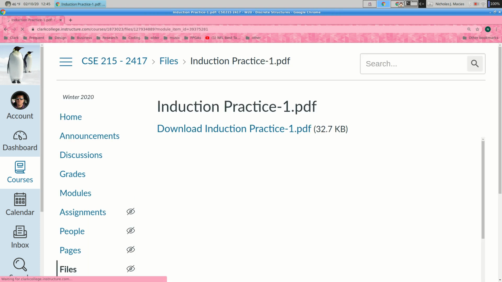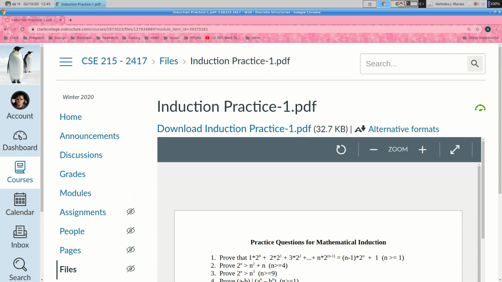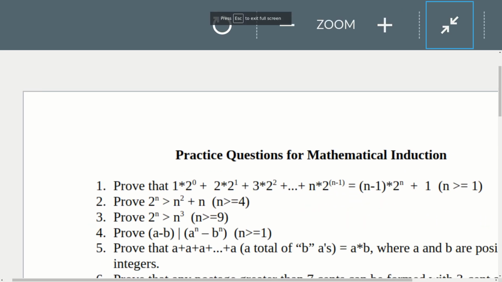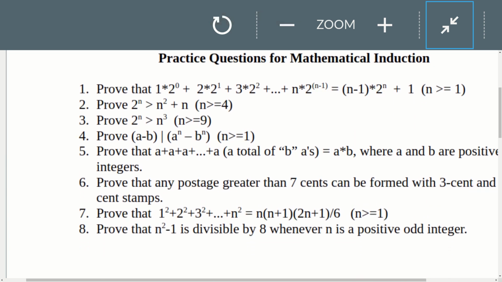Anybody looked at these? I just looked at them for the first time last night. But there's some decent questions here. Prove that the sum of powers of 2, oh, that's a weird one, okay. We did 5, right? And we did 6.